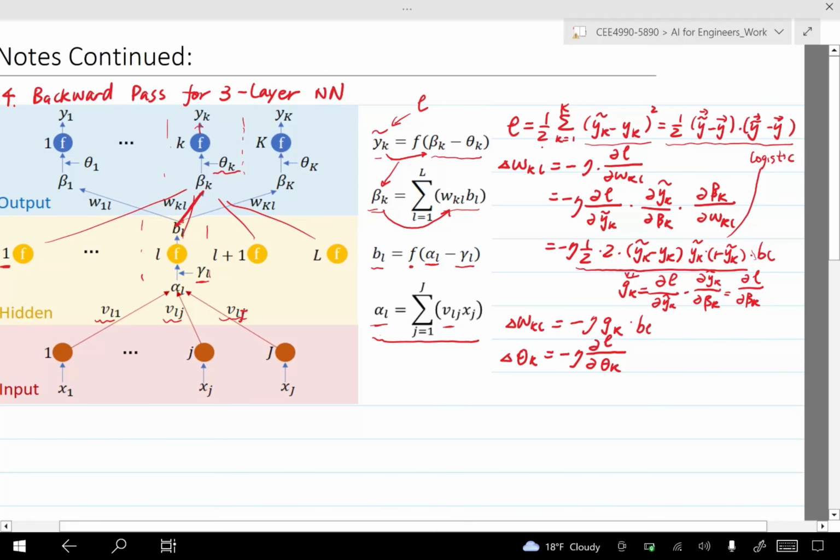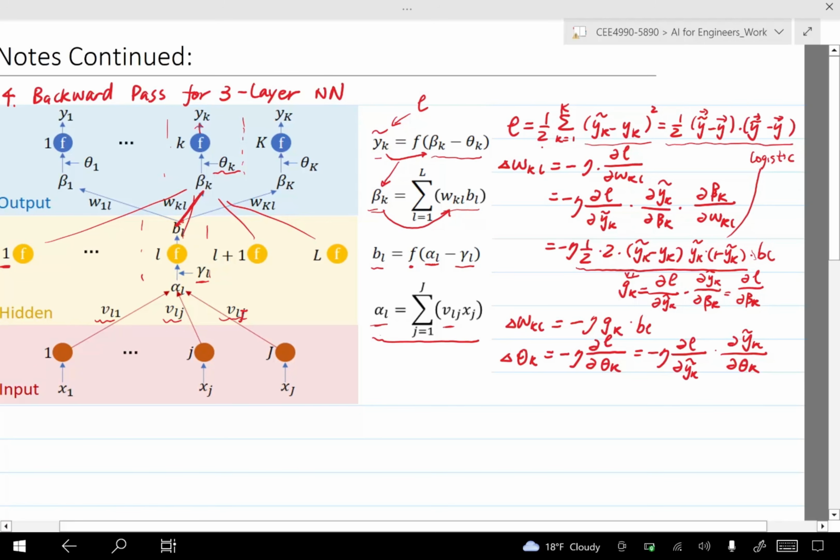So there's only one intermediate variable between theta and L. So instead of doing it directly, we now split one term into two terms, so we can include that intermediate variable into the chain rule implementation. So it's partial L, and the intermediate variable here is partial yk tilde. Then we have yk, because these two things should always be the same. That's the chain rule. And yk tilde is a function of theta k, so it's partial theta k.